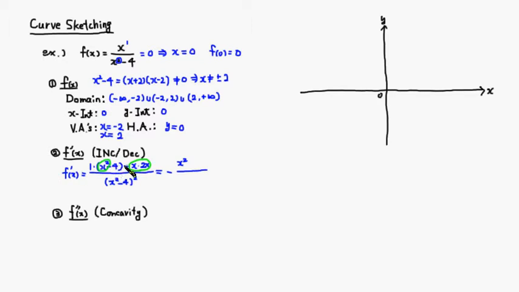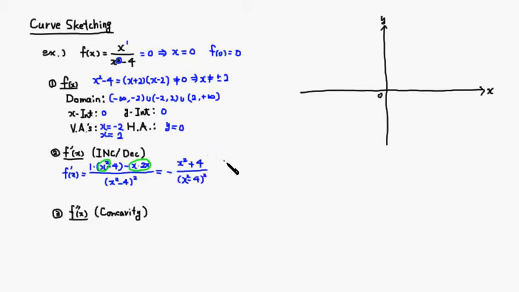Also we have negative 4, with the negative sign already factored out, so it's plus 4. Then you have the quantity x squared minus 4 squared.